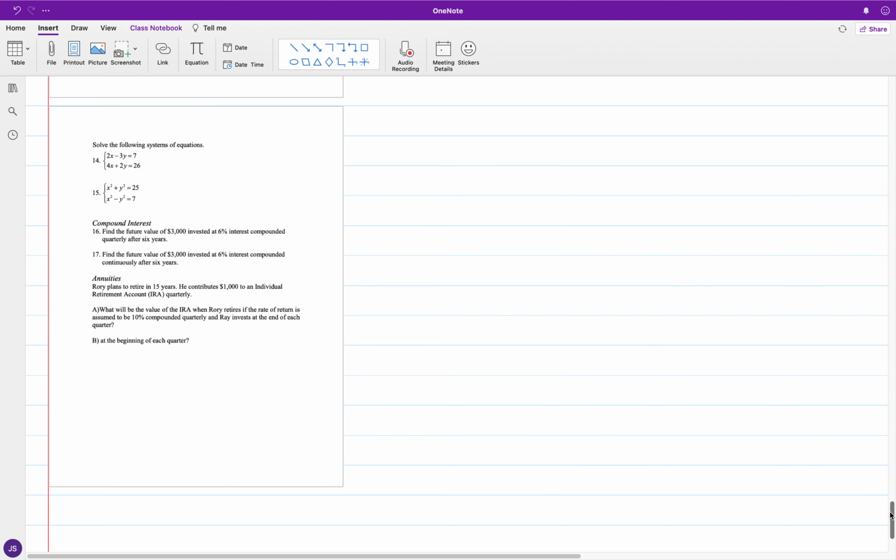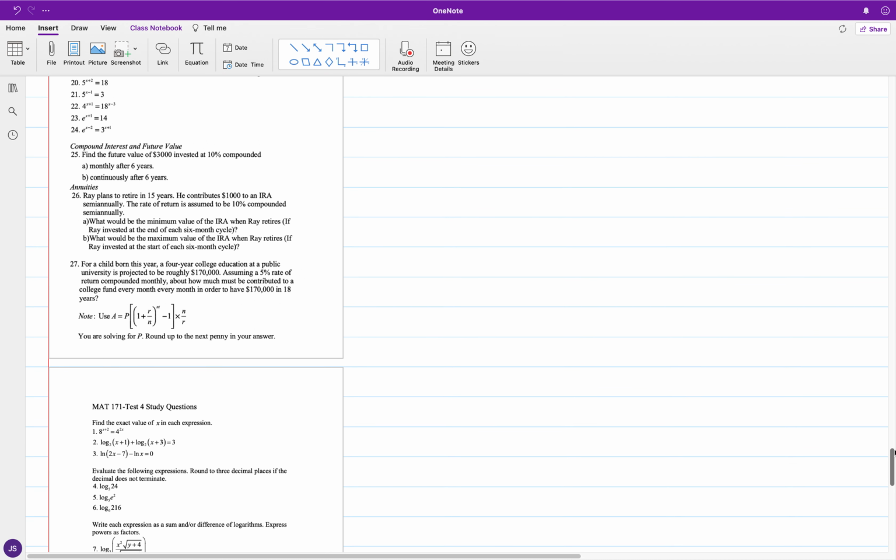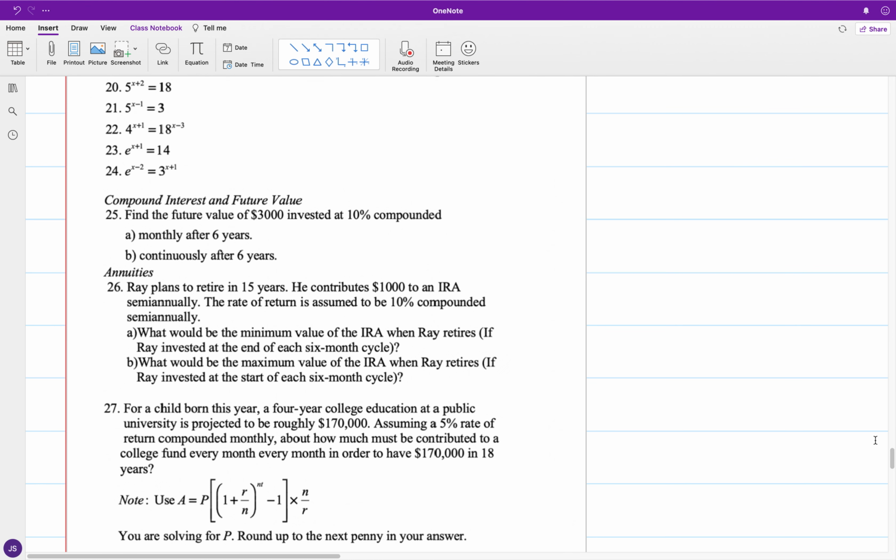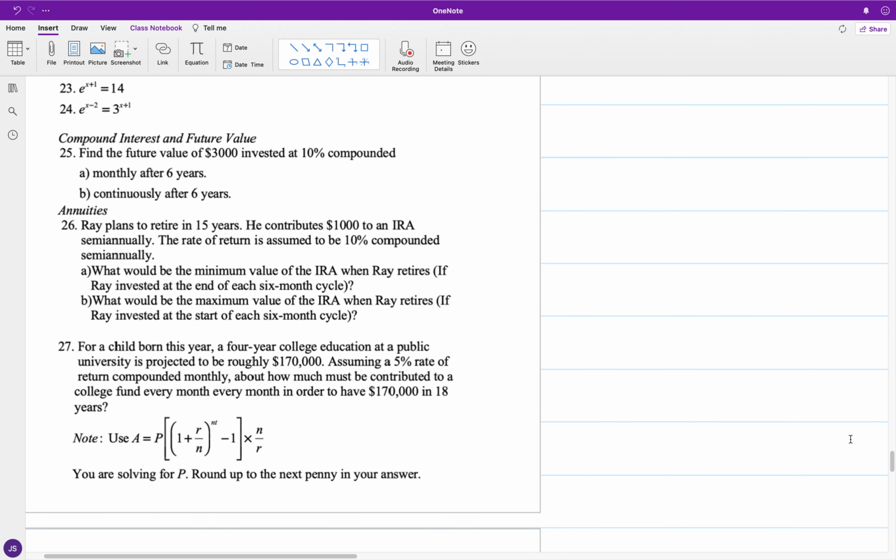For number 26, we have Ray who plans to retire in 15 years. And it says that he contributes $1,000 to an IRA semi-annually. And guess what? The compounding is done semi-annually at a rate of 10% interest.